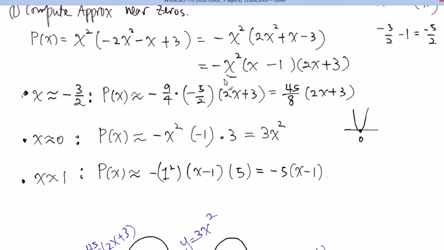Right, that's 9/4. This one here, if you plug in -3/2 minus 1, yeah, that's -5/2. It's written here. Any other question?